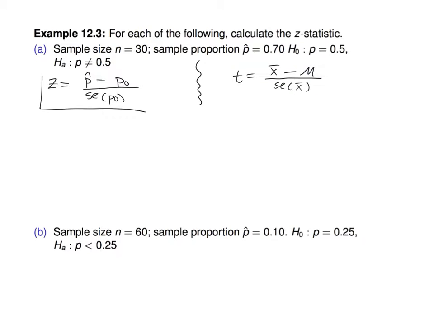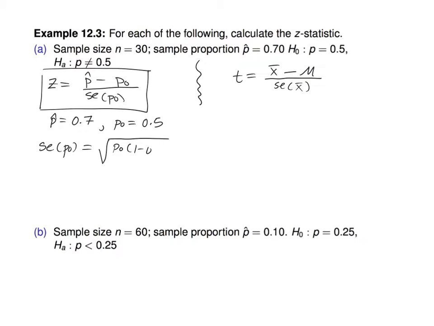That's what our Z statistic is. And we're told some stuff, like what's p hat? 0.7. What's your null value? 0.5. And then how do you find the standard error of that null value? It's p naught times 1 minus p naught, over n.